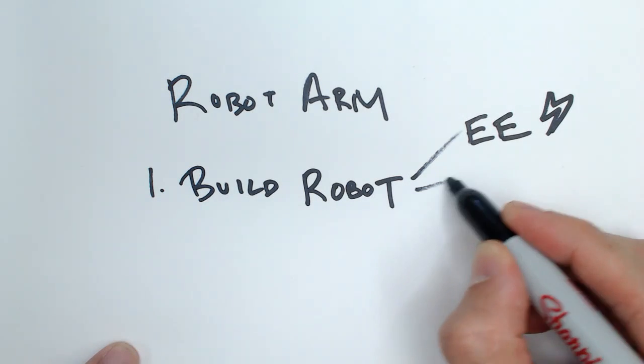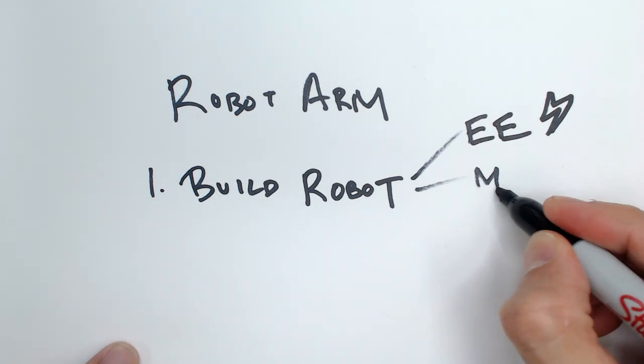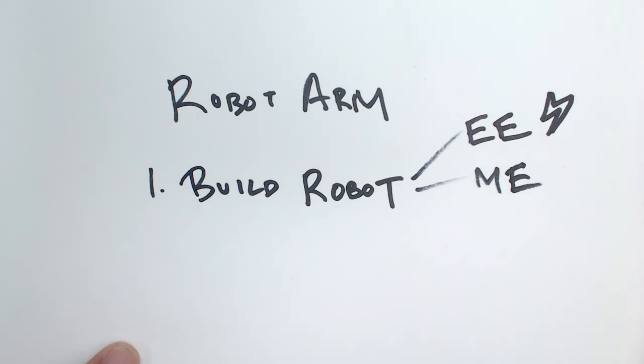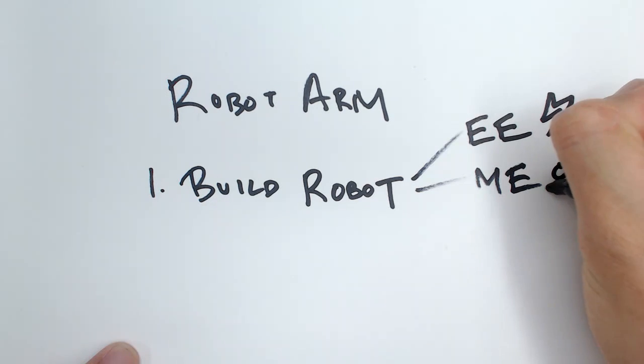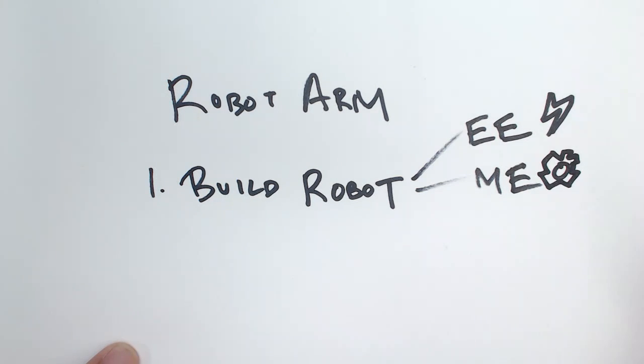Another thing that we need to learn about is ME, or we call it mechanical engineering. And usually, this is drawing some gears here. Mechanical engineers work on the body of the robot. They look at motors, they look at gears, they look at the external stuff like the enclosure of it.